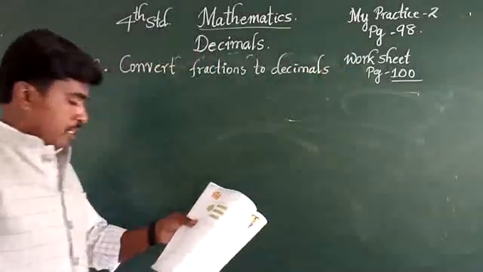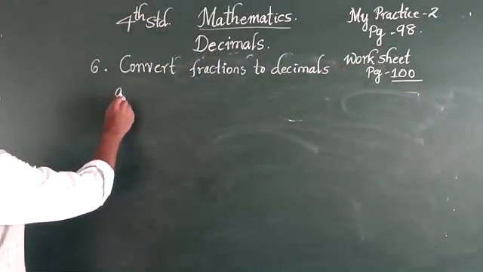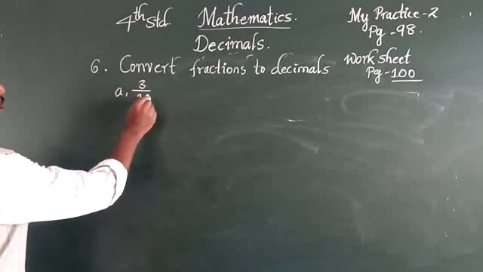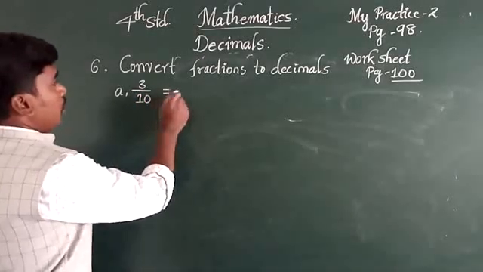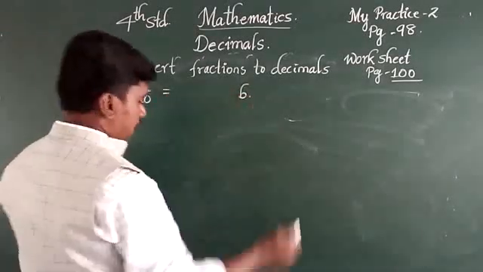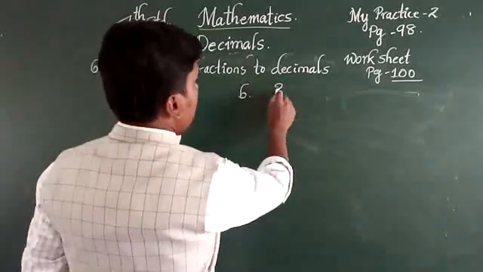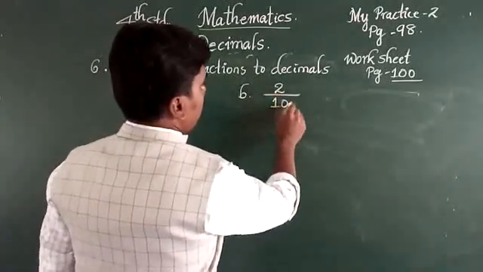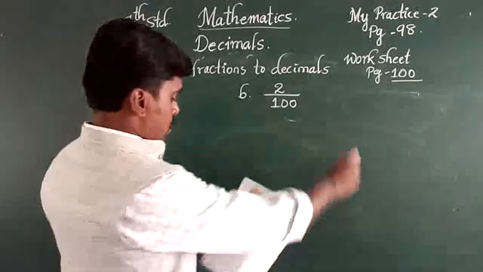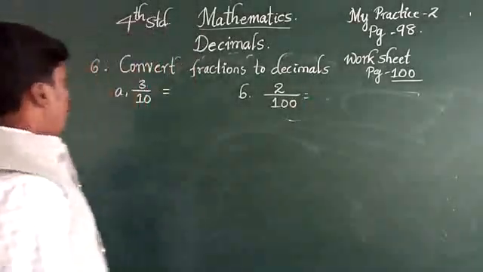That is A, 3 by 10. B is 2 by 100. Then enough. 2 questions enough.